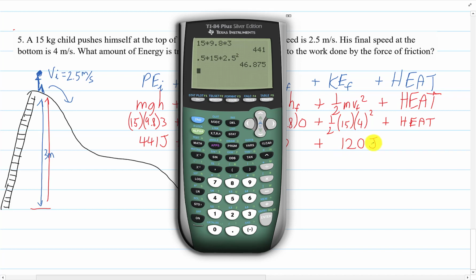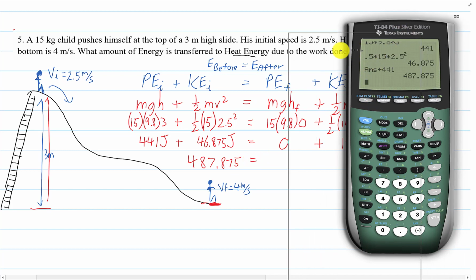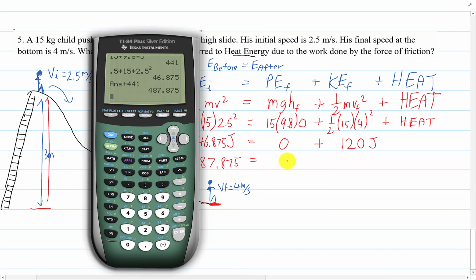Okay, so the total energy beforehand, I'm going to add those up, plus 441. So the total energy beforehand is 487.875. And that has to equal 120 plus heat.